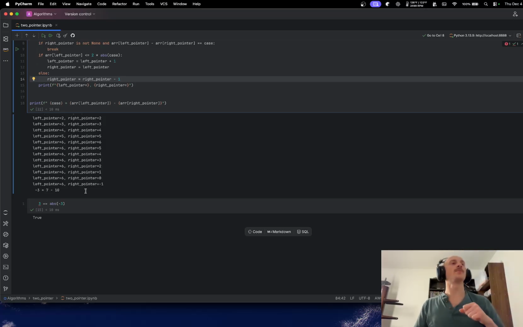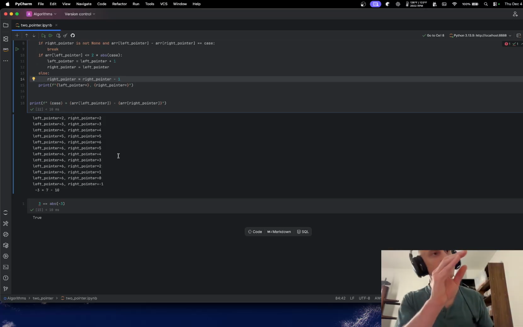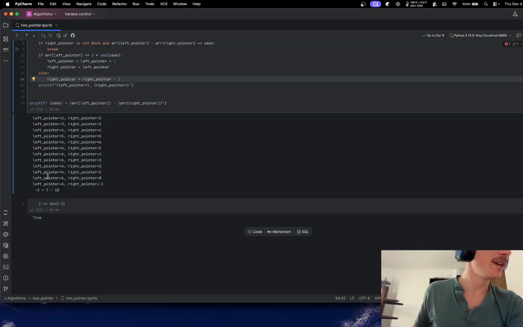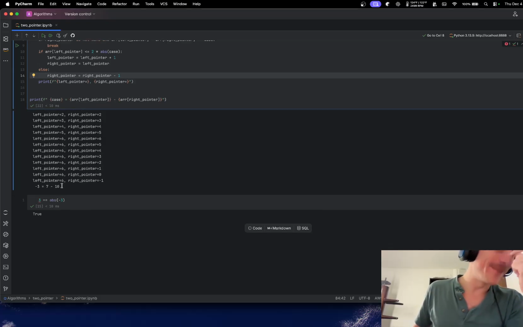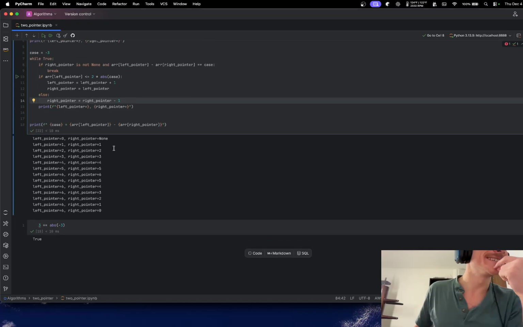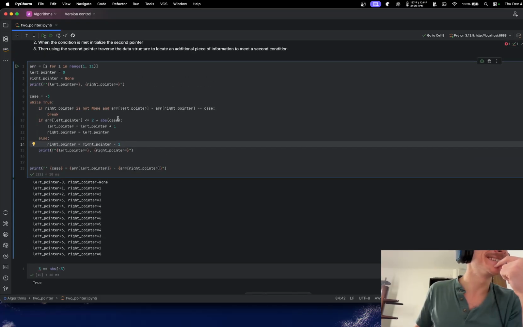Whoa, that's a wonky way of doing it. I needed to set up an edge condition here. So what happened was the left pointer went to 6, right pointer circled back around to 10. And at that point in time, it is actually 7 minus 10 is -3, which is not the answer I was looking for, but it's actually really funny. Good to see that.